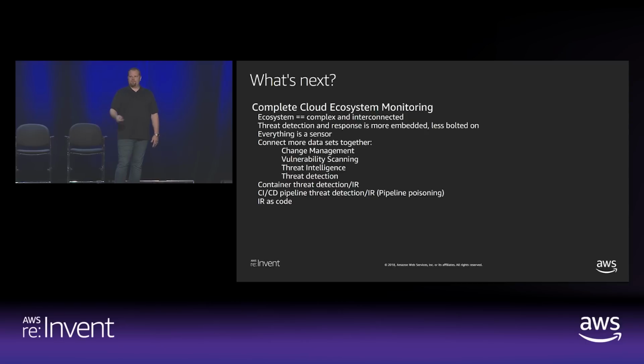That can introduce a whole attack chain. And what happens when your CI/CD pipeline is poisoned with malicious code? Can we detect that? With the improvements that Amazon has made to their services, these are things we're going to need to understand how to do, and really wrap our minds around a whole different way of thinking when it comes to threat detection and incident response.